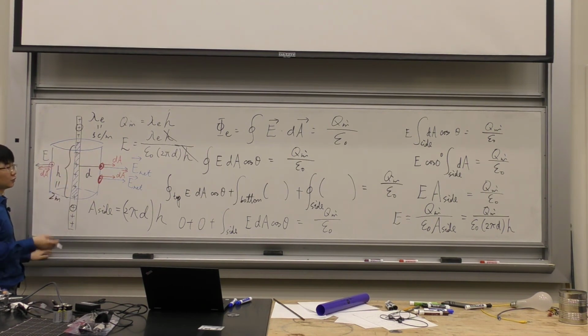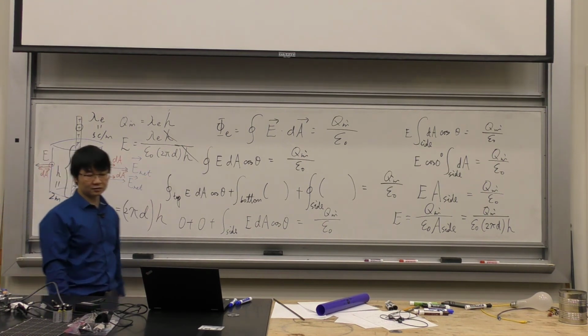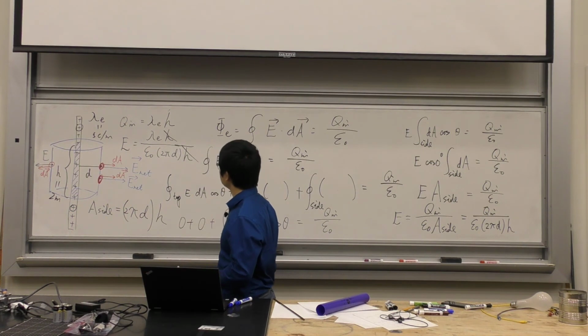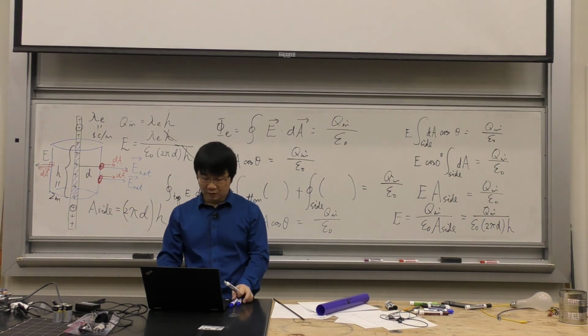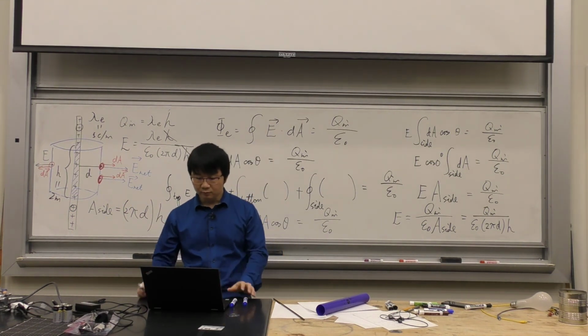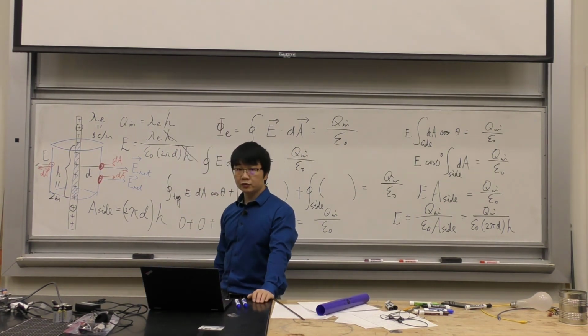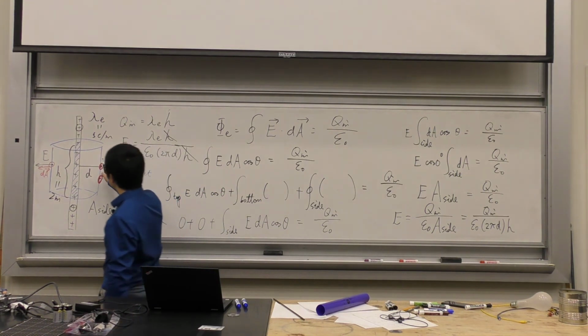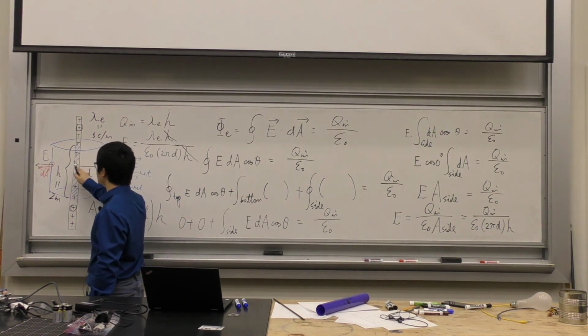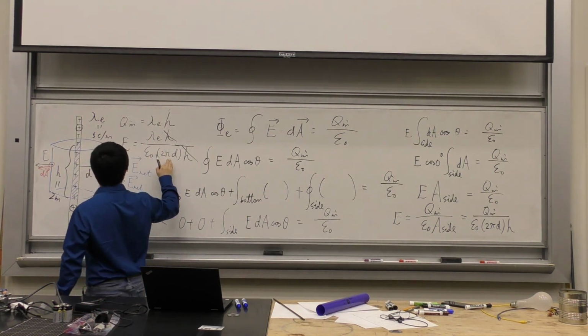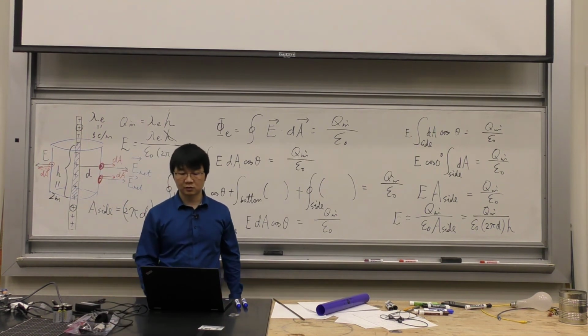The final answer shouldn't depend on that, since it's a totally imaginary cylinder. So this is the final answer, and that's our conclusion. For a very long rod, the electric field created at a point at perpendicular distance d from the rod has this magnitude, and the direction is outward.